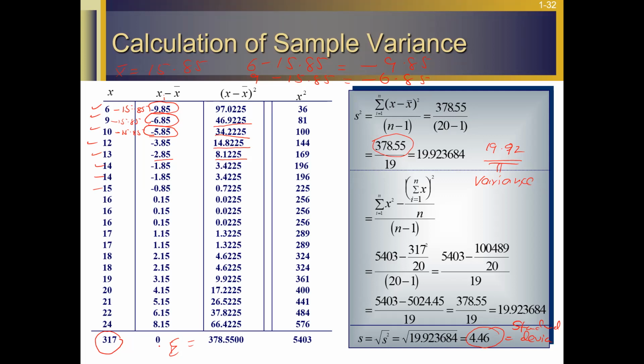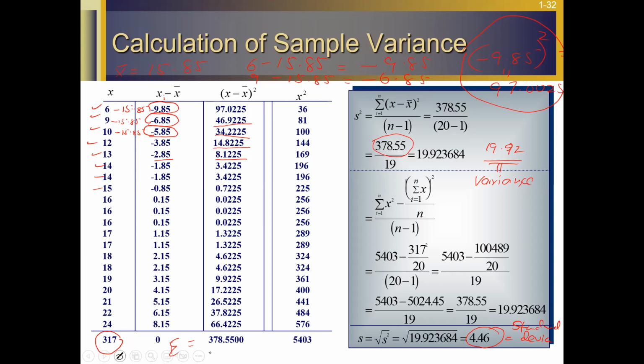Right? Okay. Next column, find the squared values of xi minus x bar. That means find minus 9.85 squared. That is equal to 97.0225. Likewise, you can find all the other values.